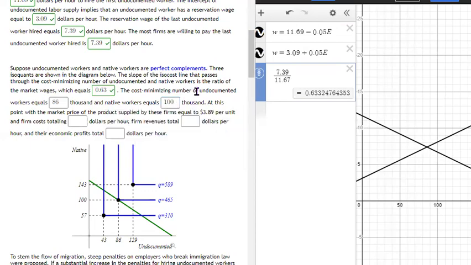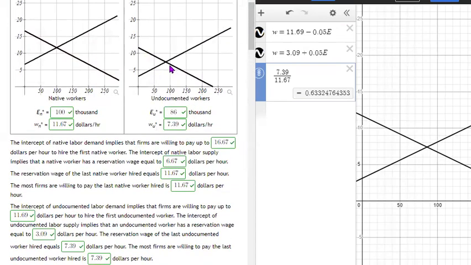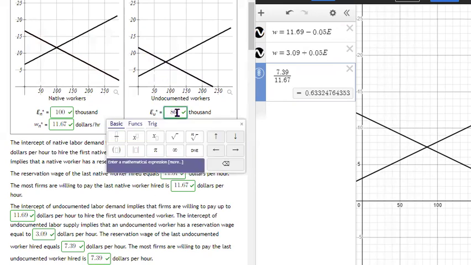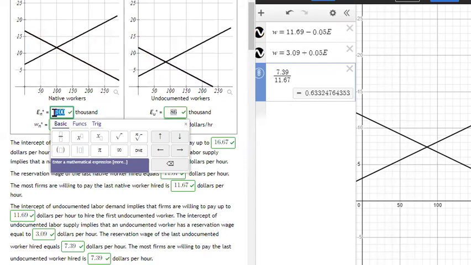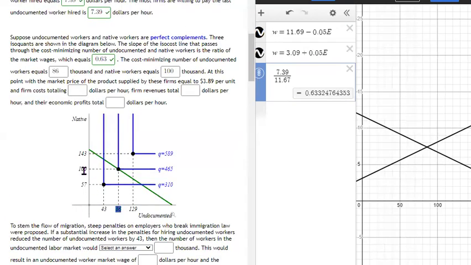And those are the outcomes up here, right? 86 undocumented workers, 100 native-born workers. And together, those two groups of people are producing for firms 465 units of output, right? At this point, the market price of the product supplied by these firms equals 389, right? So 389 is the price of each one of these units, right?